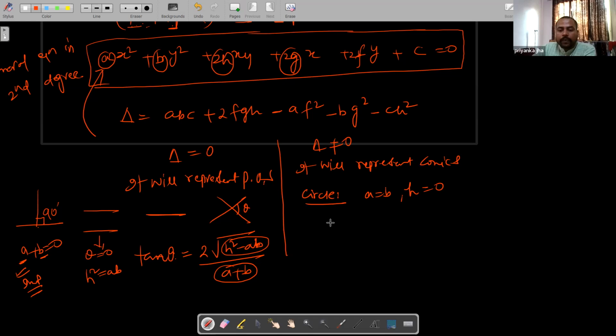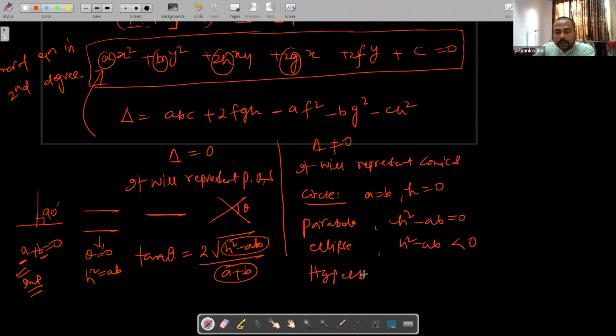For parabola, h square minus ab must be equal to 0. For ellipse, h square minus ab must be less than 0. For hyperbola, h square minus ab must be more than 0. These facts you have to remember. Note it down till here.